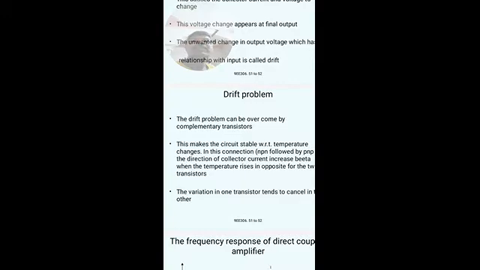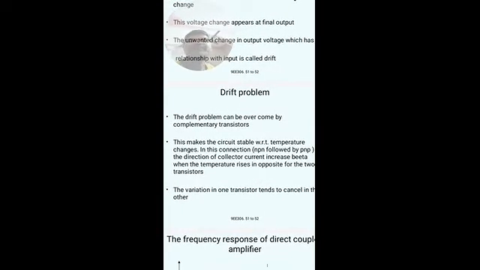Because we are using NPN followed by PNP, the direction of the collector current increase with beta when the temperature rises is opposite for the two transistors.